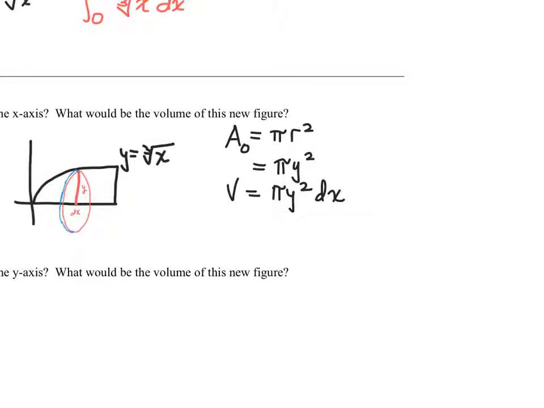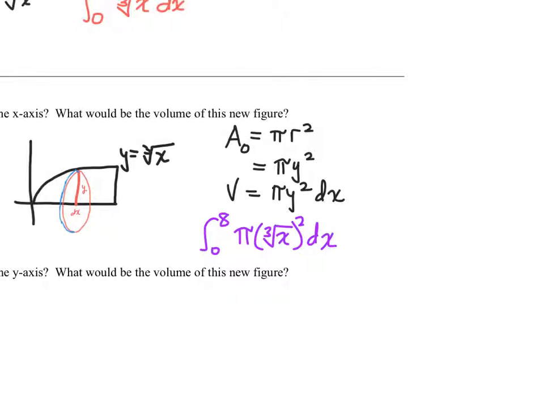So now I can set up my integral because pi y squared dx gives me the volume of that single circular disk. Now I just want to collect all of them and add them together. And that happens over the interval of 0 to 8. So 0 to 8 pi y squared. Now I could put in the real y, dx.